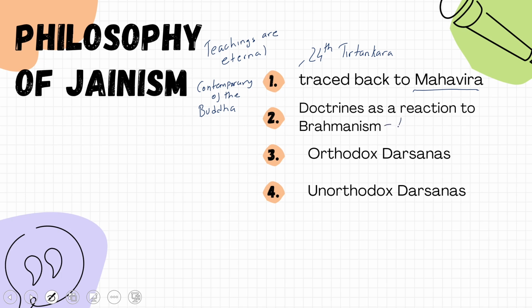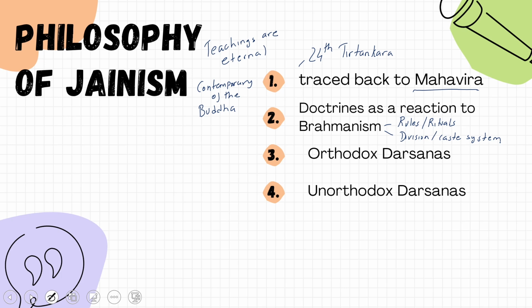Okay, so there were a lot of rules, rituals. Okay, next, what was something that was very striking during that period? Okay, division based on caste. And we see that the doctrines of Jainism, just like that of Buddhism, also come as a reaction or a rejection to Brahmanism.